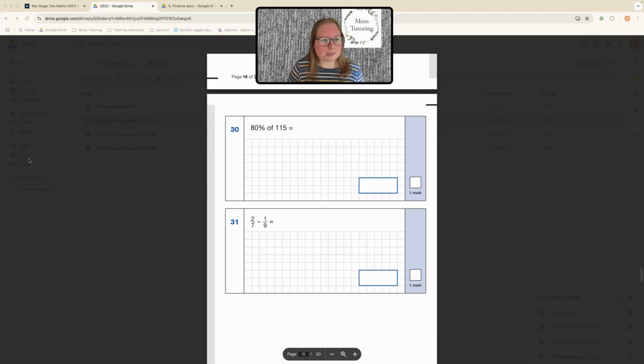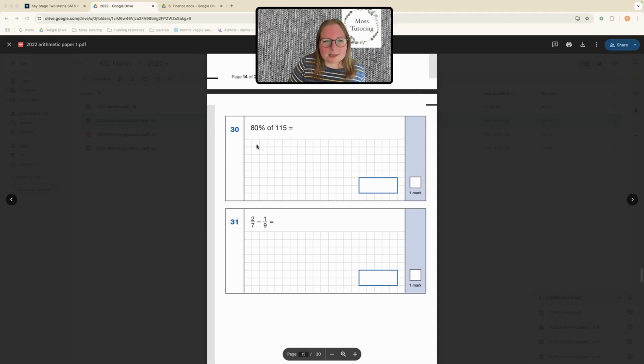So we've got 80% of 115. So as I said before, there are several ways you could do this one. You could find 10%, then times it by 8, or you could find 10%, times it by 2 to make 20%, and take that away from 115. Because 115 is your total amount as 100%.